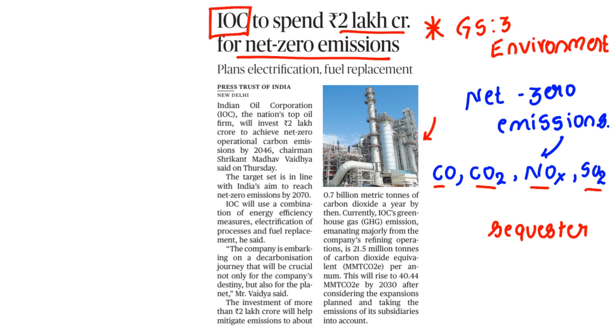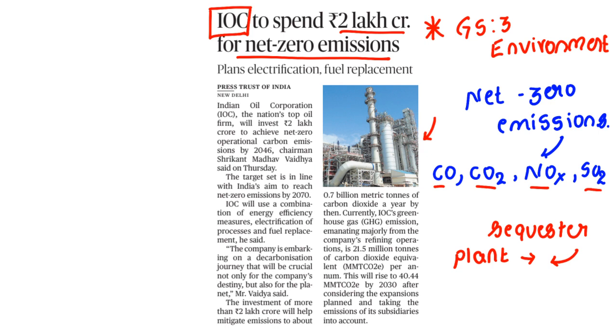Sir, how can it sequester? Clear? Let's take, if they go on planting plants, these plants might absorb some CO2 from the atmosphere. Are you getting? So see, this is very important here.